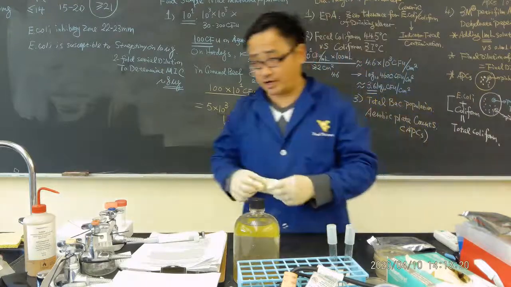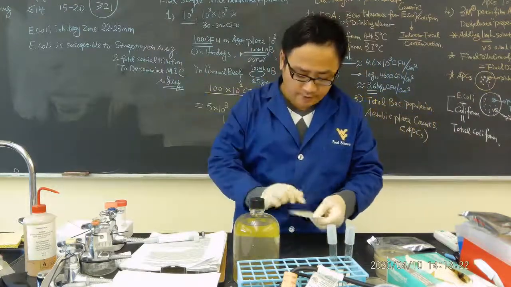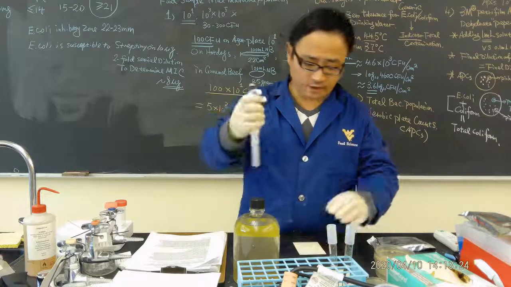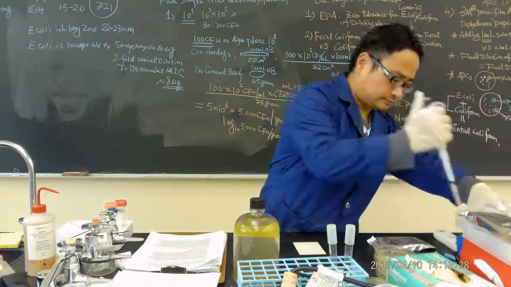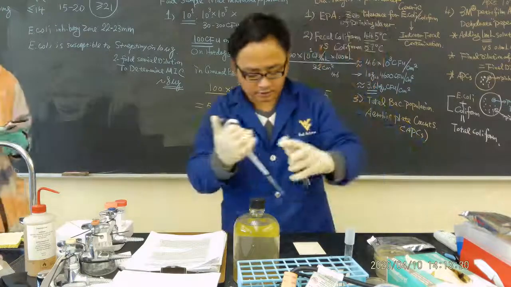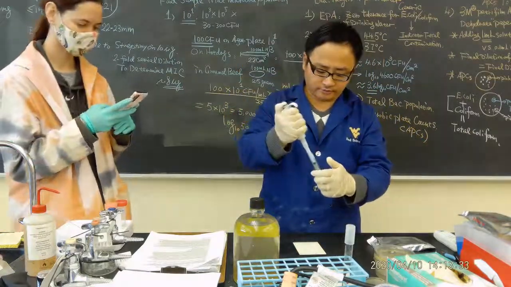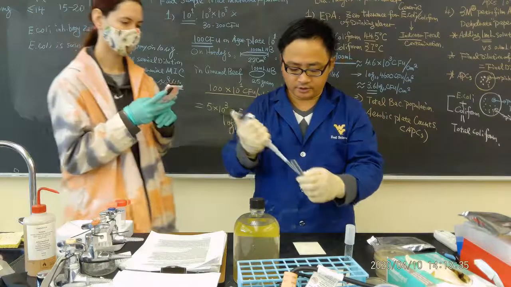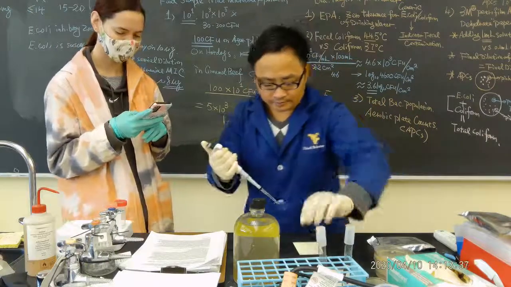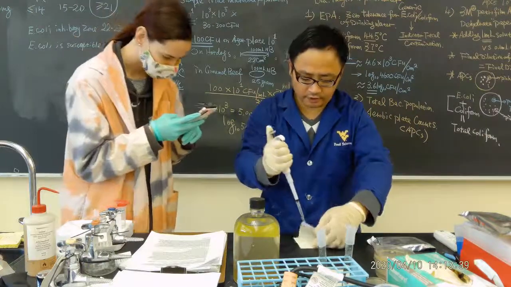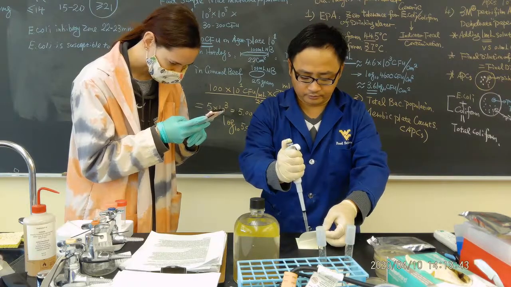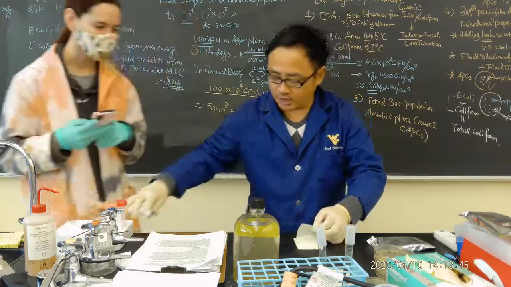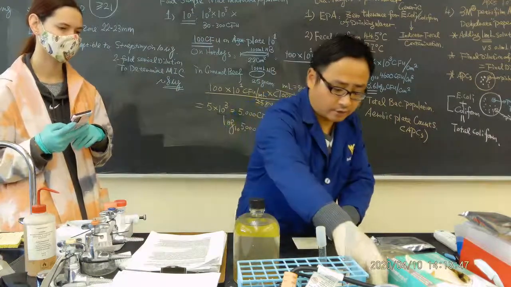But how about this one? This is going to be a little bit different. Okay, so we're going to use the pipette again. After serial dilution, it's the same thing. So you can take a picture right here, and we add it right in the middle. But then I want you to do one more thing, very important.